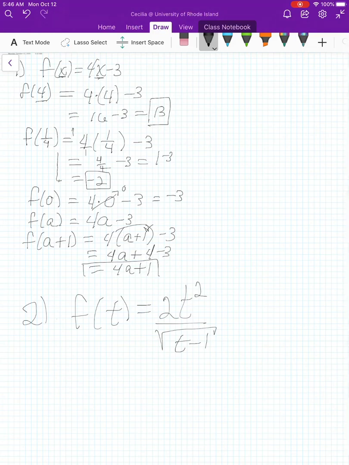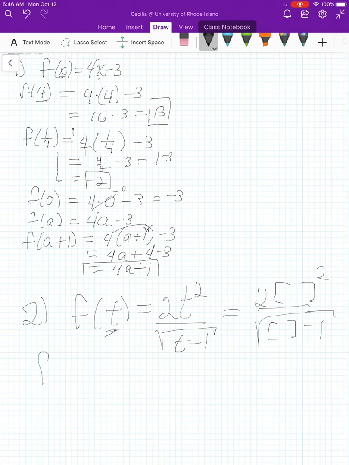It's still just a placeholder. It's a box holder. Okay, so remember, you can think of this as 2, whatever the input is, squared over the square root of whatever that input is minus 1. Okay, we're calling it a t in this function, but it's whatever is in the argument of the function.